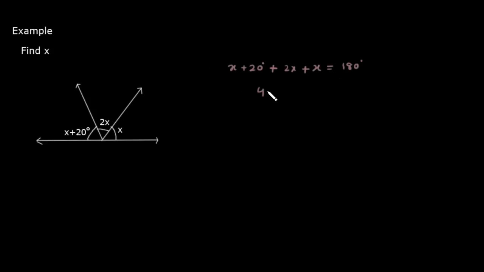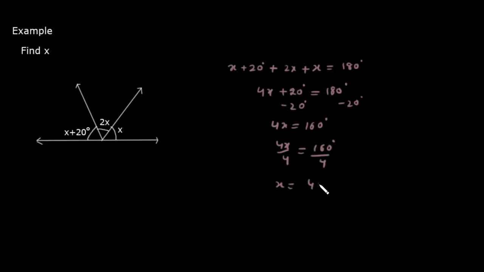This means 4x plus 20 degrees equals 180 degrees. Now we subtract 20 degrees from both the sides. So 4x equals 160 degrees. Now dividing both the sides by 4, x is 40 degrees. So the answer is x is 40 degrees.